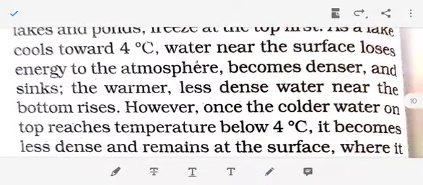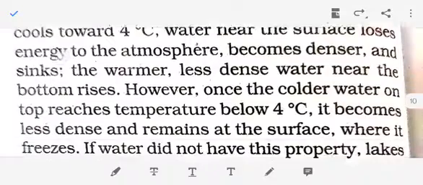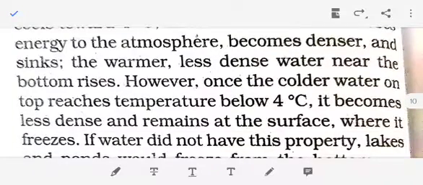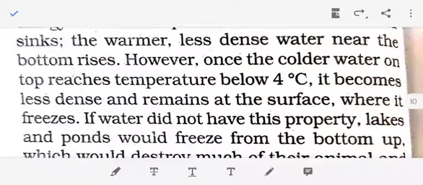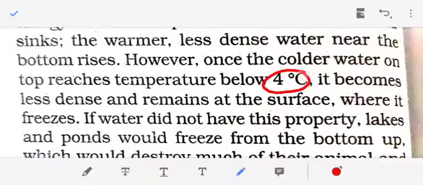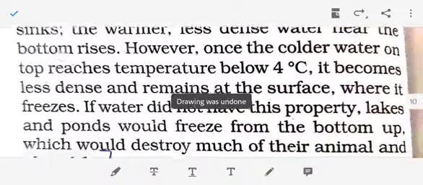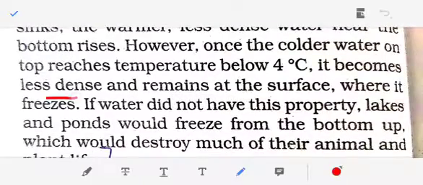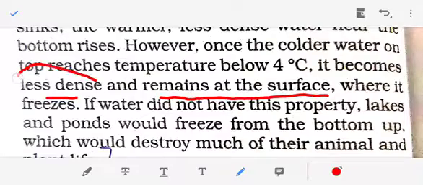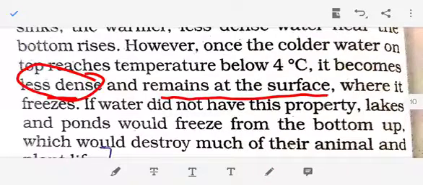The water which is below the surface will rise. However, once the colder water on the top reaches a temperature below 4 degrees Celsius, it becomes less dense and remains at the surface, because its density decreases. What is the greatest density?